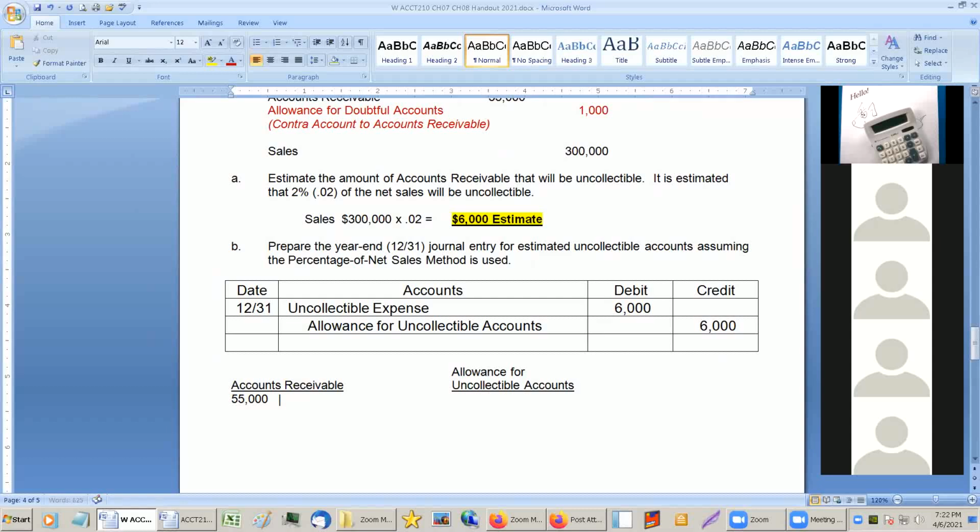And we had 1,000 sitting in the account before we made this entry.